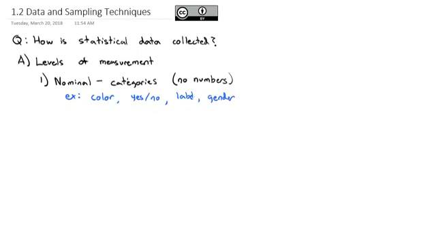Those are nominal categories. Now, slightly more involved than a nominal category is something that we can actually put in order and say this one is more than that one, which is more than that one. We call this ordinal data. And that's data that can be put in order.